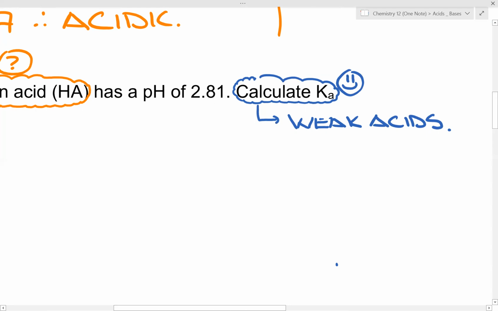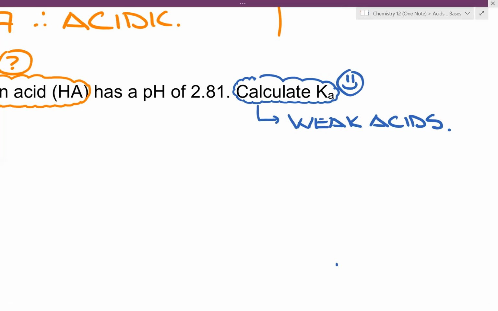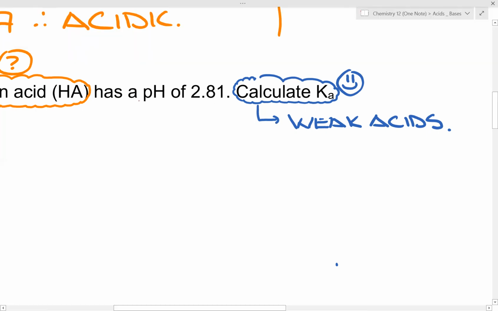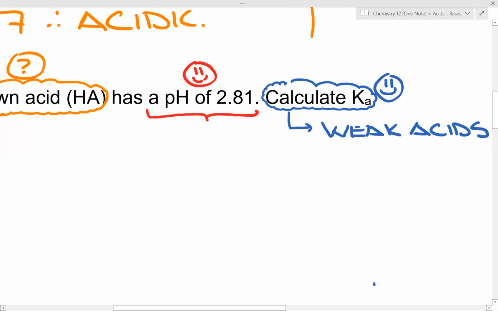Okay. Hint number two is you look at this particular number, pH of 2.81. Now, how is this hint number two?